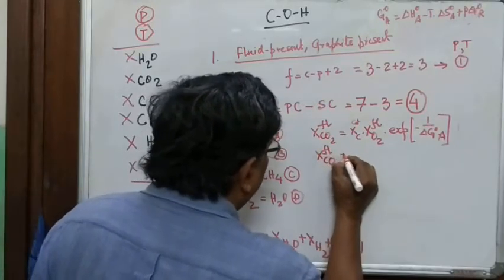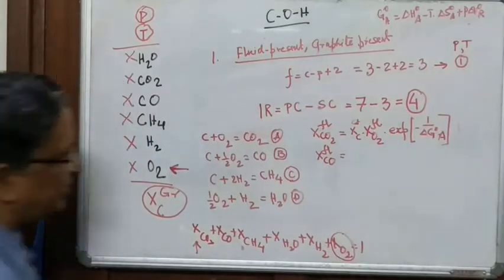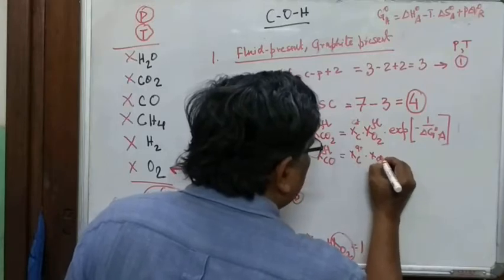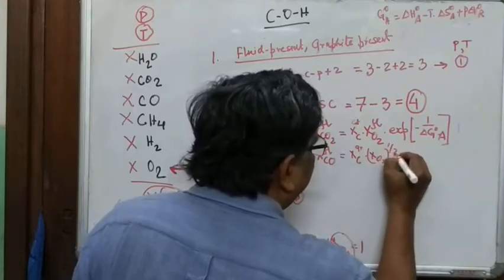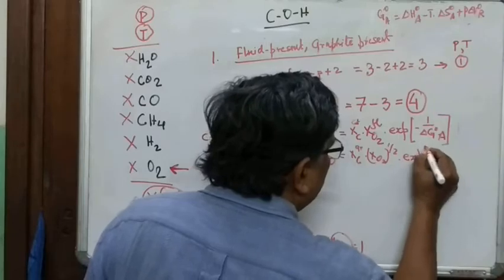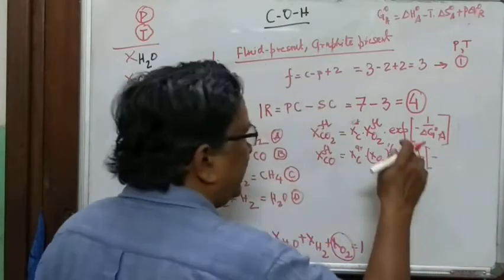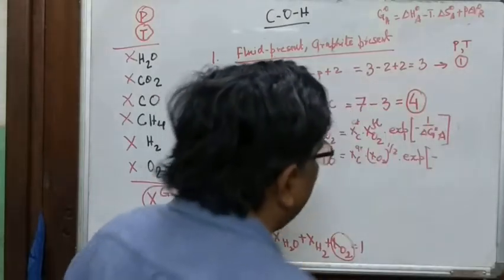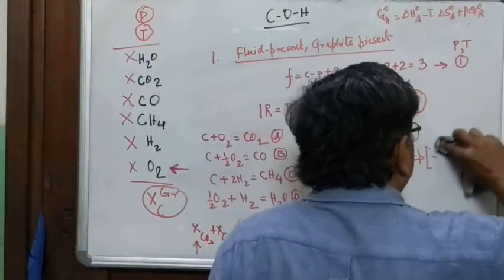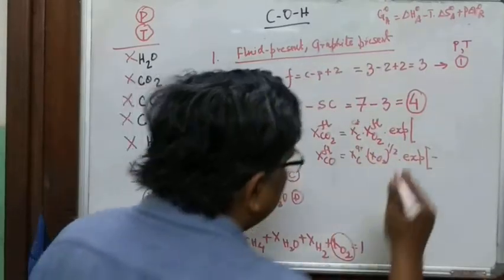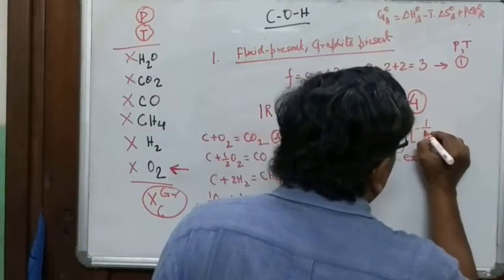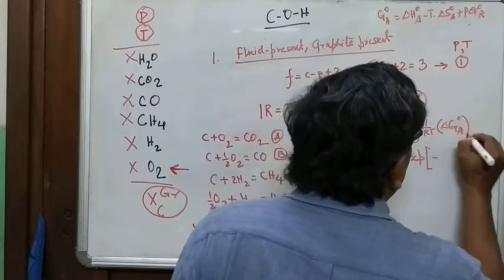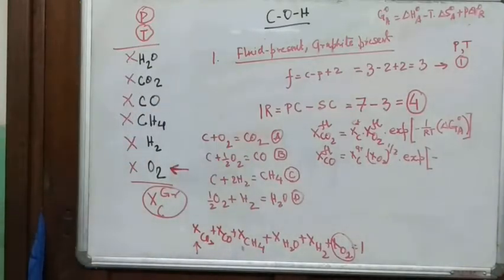Now you see, for reaction B, it will be the same. XCO in fluid is equal to Xc in graphite into XO2 to the power half into exponential minus... I have forgotten, sorry, there is an RT missing here. This was missing, I'm sorry.